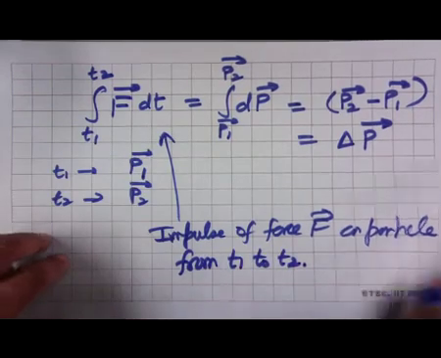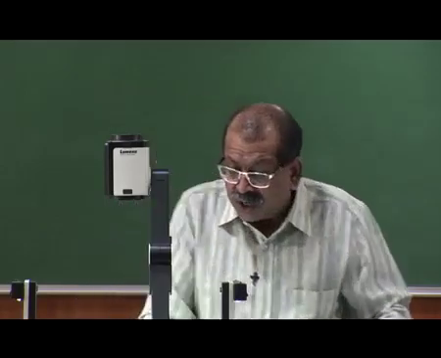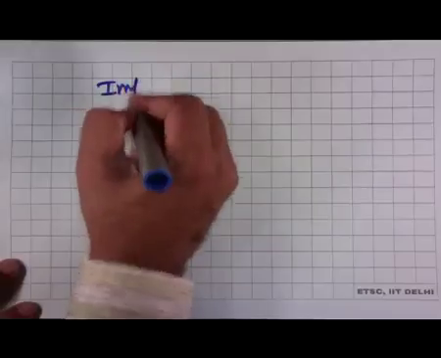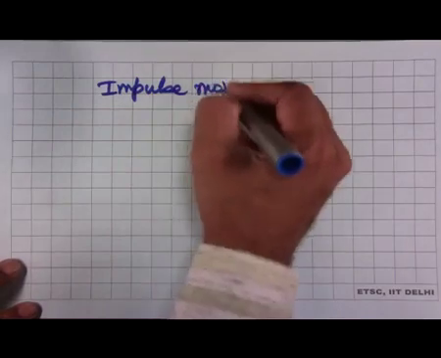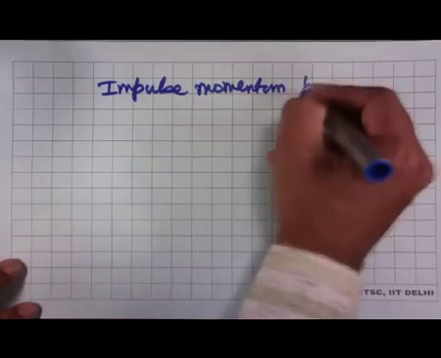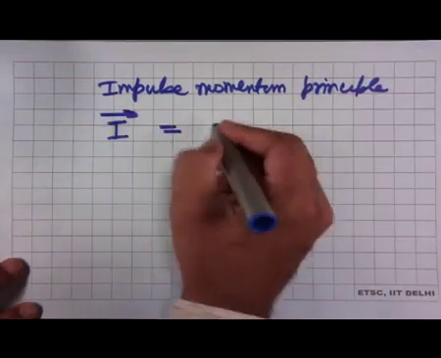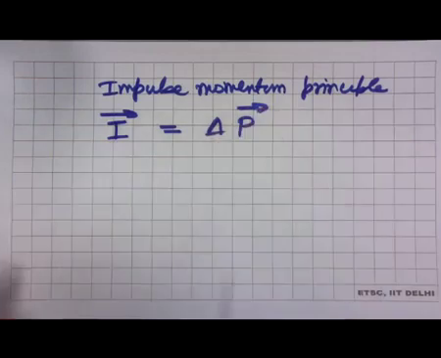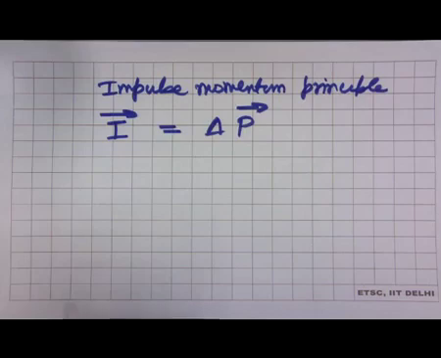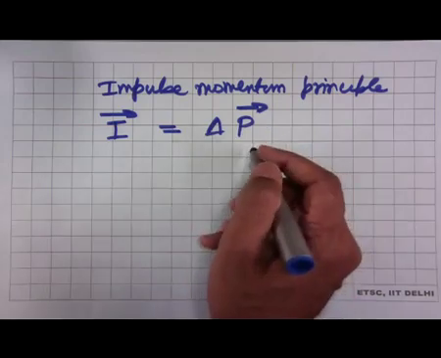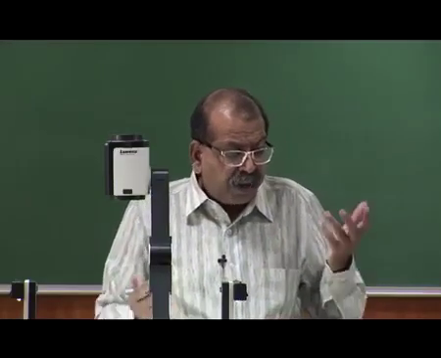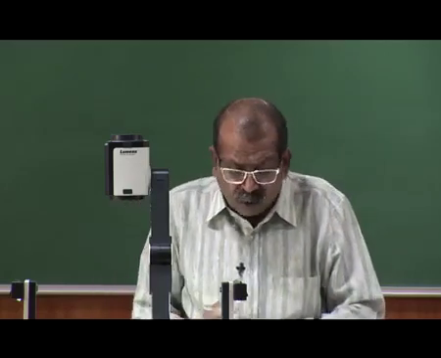Therefore, what we get is what we can call the impulse momentum principle: the impulse of a force is equal to the change in momentum, where this impulse is the integral of F times dt. So, the change in linear momentum of a particle is given by the impulse of the forces acting on the particle.